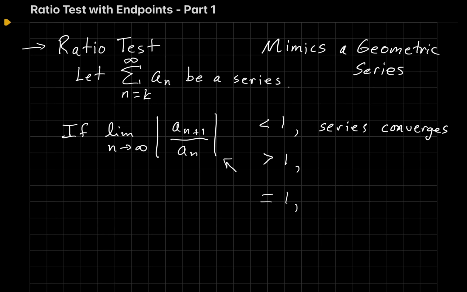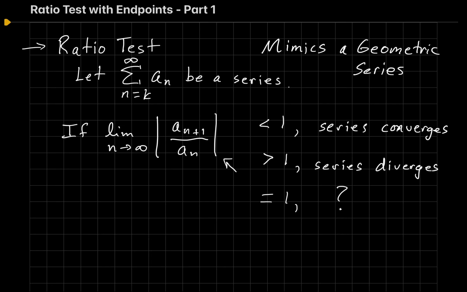If this ratio is greater than 1, then the series diverges. What's different than the geometric series is when the ratio test equals 1. In this case, we don't know what happens, and we have to use a different test.